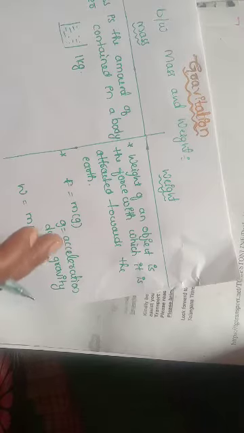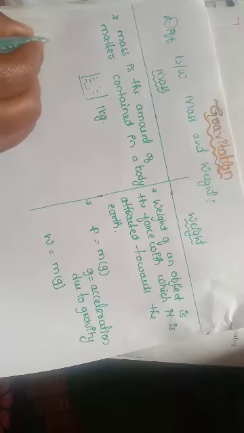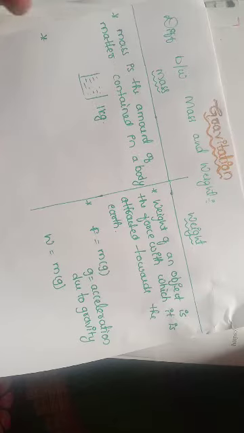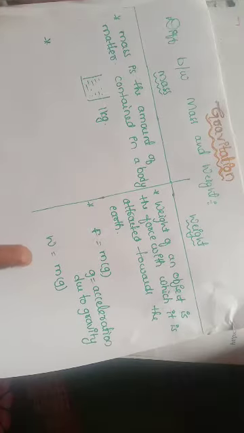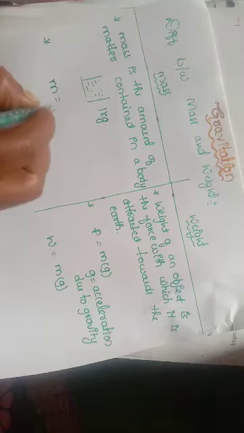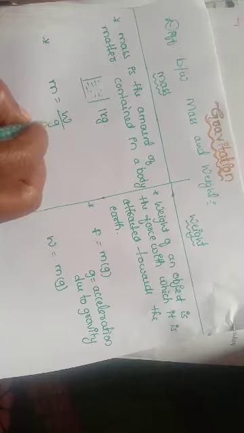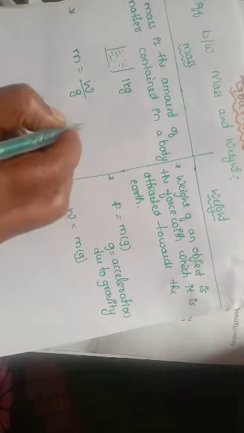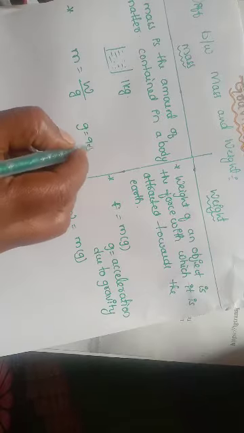From this formula we can derive the formula for mass. If we are given the weight of a particular person or object, we may be asked to find the mass. At that time we can use this formula. So mass is equal to weight by g, where g is the acceleration due to gravity, equal to 9.8 meter per second square.